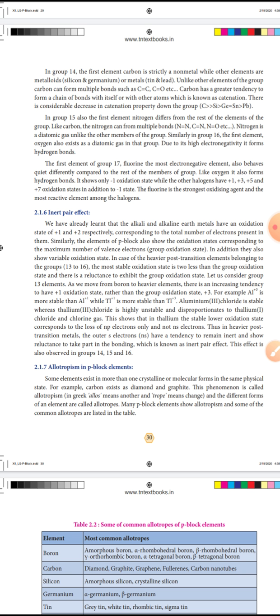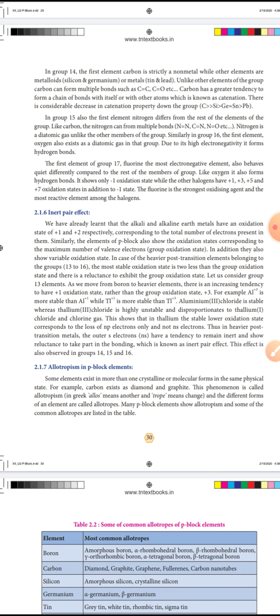For example, aluminum in the +3 oxidation state is more stable than aluminum +1, while thallium +1 is more stable than thallium +3. So aluminum trichloride is stable, whereas thallium trichloride is highly unstable. So +3 oxidation states are stable for aluminum, and +1 oxidation states are unstable.